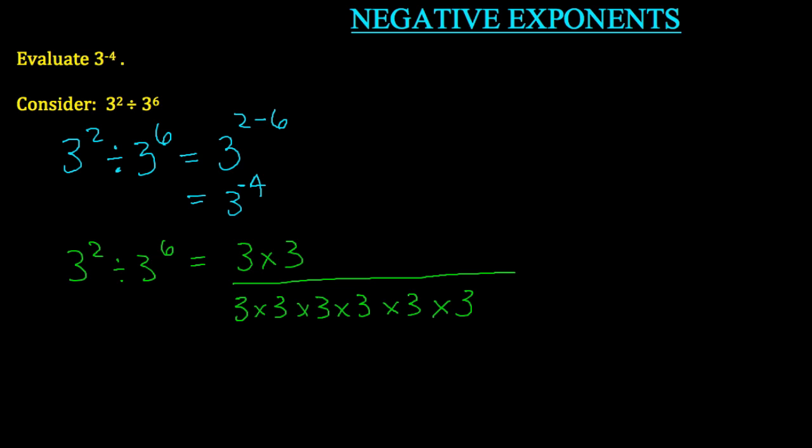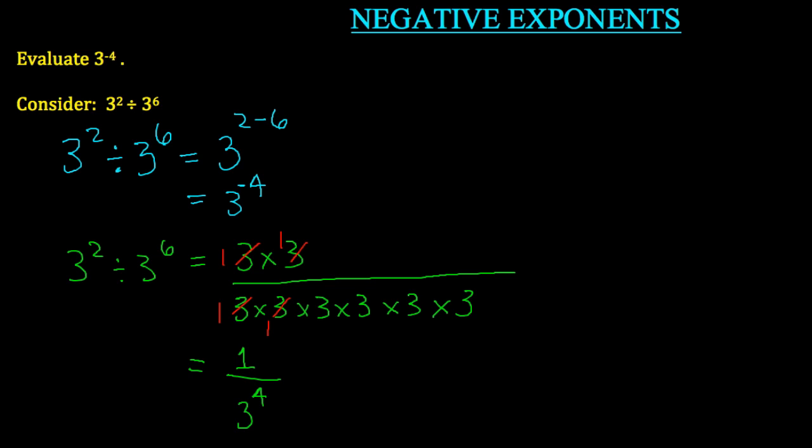Now when we reduce that fraction, those two 3's reduce to produce 1's, and we are left with a numerator that is 1 times 1, which is 1, and a denominator that's 1 times 1, and then 4 3's multiplied together. Well, the 4 3's amount to 3 to the exponent positive 4.